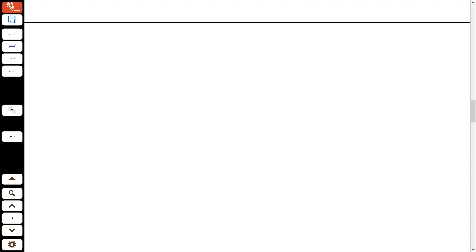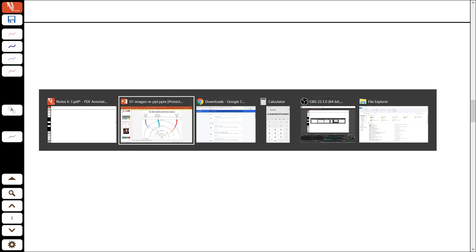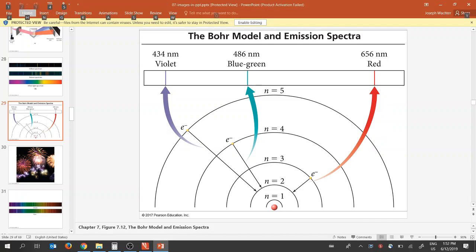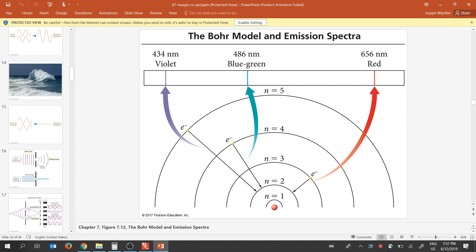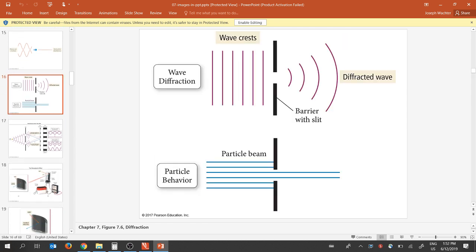All right, so here's another weird thing that happens. We're going to look at a few more pictures here. If you are shining some things at basically a wall, and there's a little hole in the wall, depending on whether something is a wave or a bunch of particles, it's going to act a little bit differently.